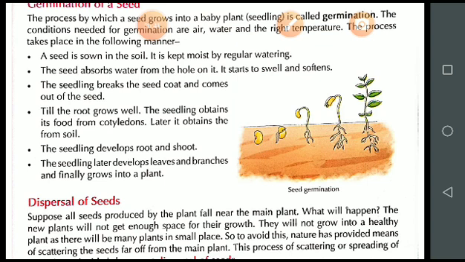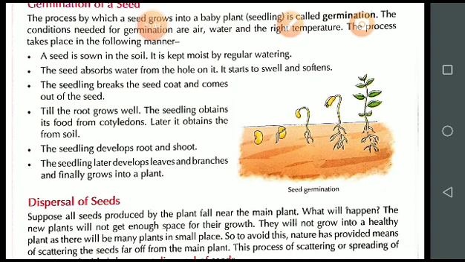Is it clear? So the seed absorbs water from the soil and provides moisture to the embryo. Now what happens, student? The embryo starts getting nourishment.